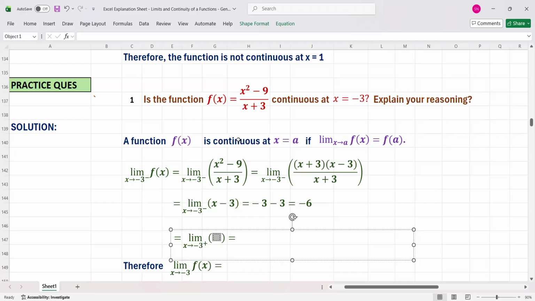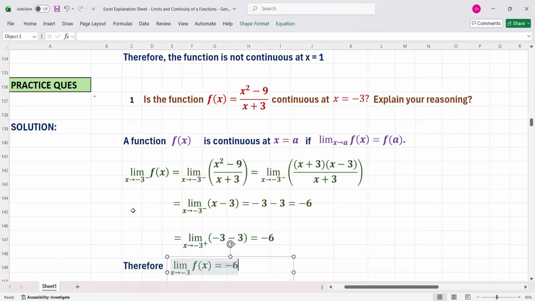If you approach from the positive side, it will still be x minus 3, which will give you negative 3 minus 3, so that will give you negative 6. Therefore, the limit as x approaches negative 3 is negative 6.